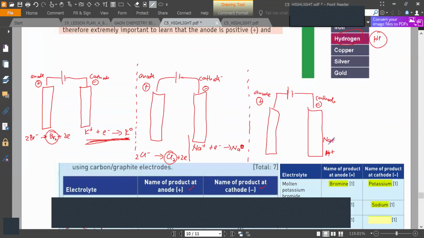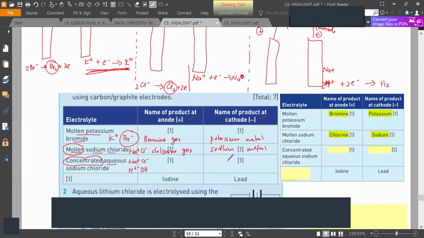So here the hydrogen will be discharged, adding electrons. But hydrogen is H2, so we need to make it 2 and 2 like this. Here, instead of sodium metal, our product changes. When we change from molten to concentrated, our product is also changing. So here we have hydrogen gas.